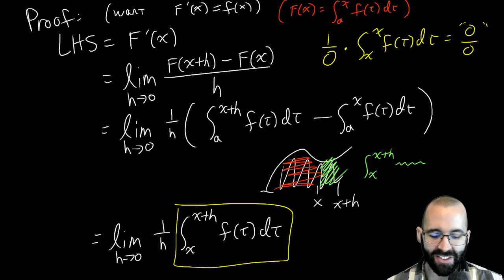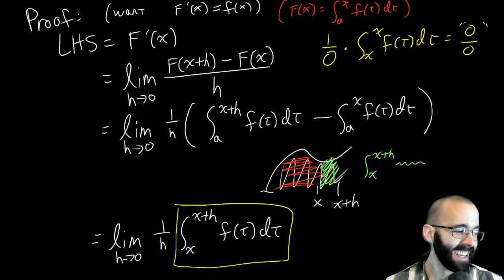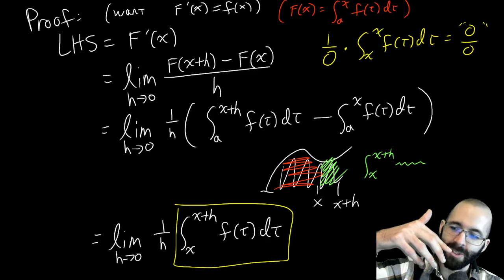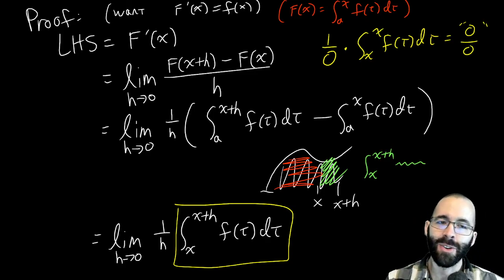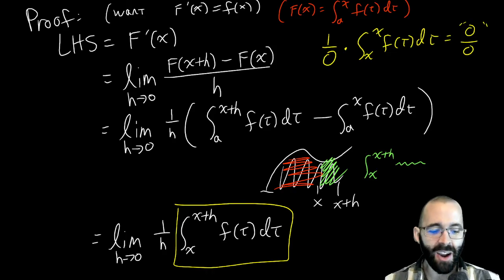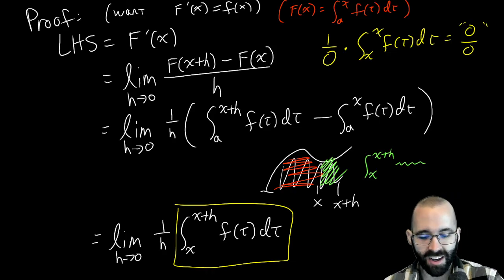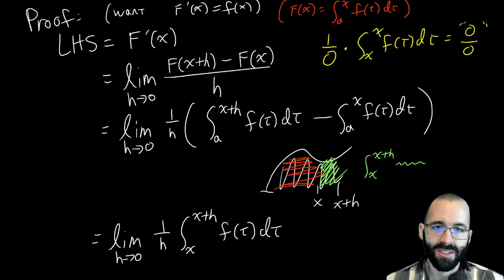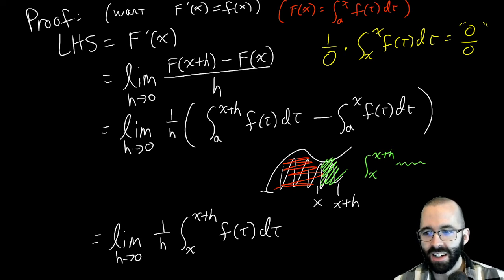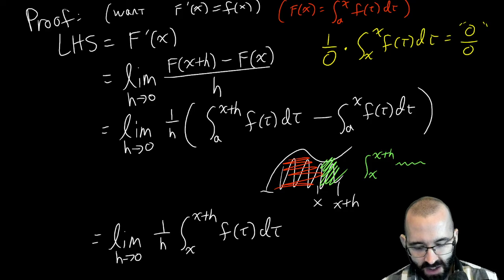And to take the derivative of this function, we have to use the fundamental theorem of calculus, which is what we're trying to prove. So in order to use L'Hopital's rule, we'd have to use what we're trying to prove, and that's not good proof technique. So I hope you thought it, but it won't work because we'd have to use what we're trying to prove, which is no good.